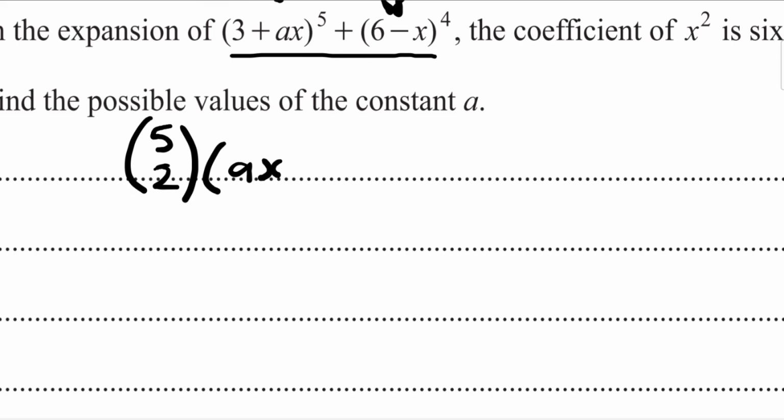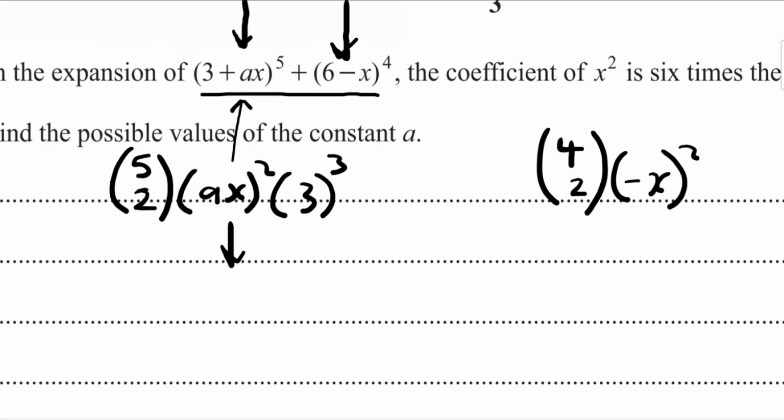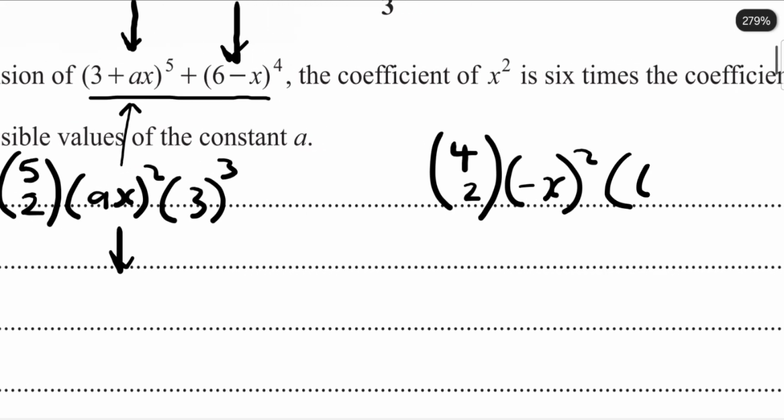Then (ax)^2 to get a term in x squared, then times 3 to the power 5 minus 2, which is 3. And this will give us the coefficient of x squared for this. For the other one, we say 4 choose 2, then (−x)^2 multiplied by 6 to the power 4 minus 2, which is 2.